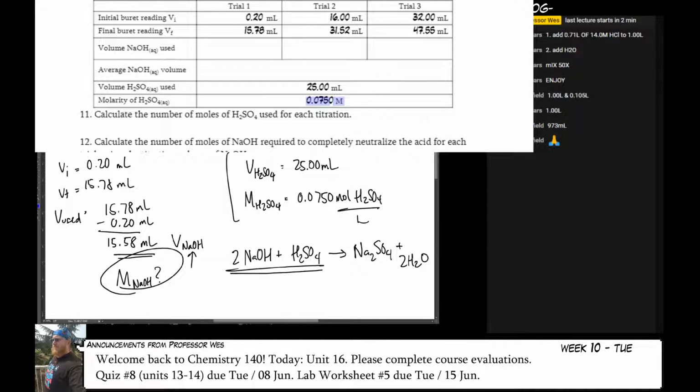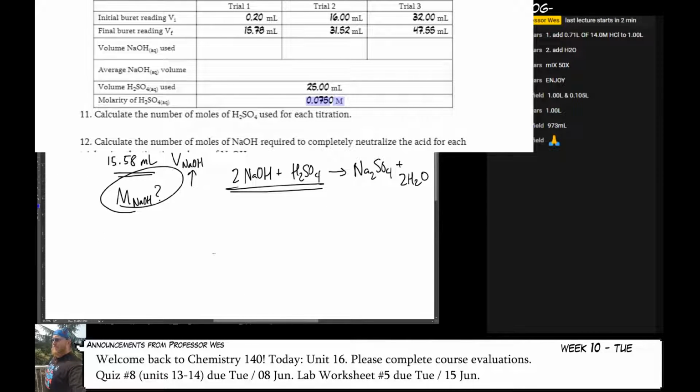So let's go through the problem and just see what happens, right? So we need these numbers, but they're already written up at the top. So I'm going to do the calculation here. So if I take the volume of sulfuric acid, and I turn that into moles of sulfuric acid, then I can potentially determine the number of moles of sodium hydroxide that are used, right? So we're going to do that. So I'm going to use 25 milliliters.